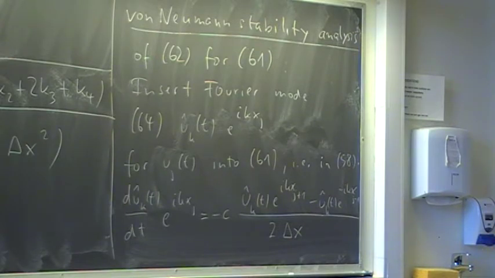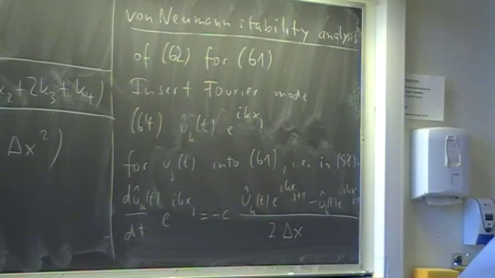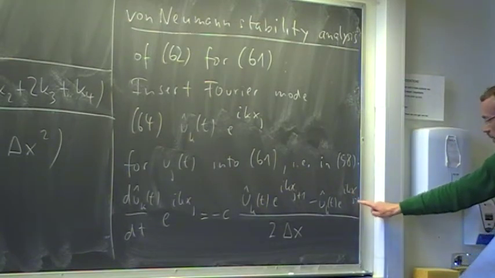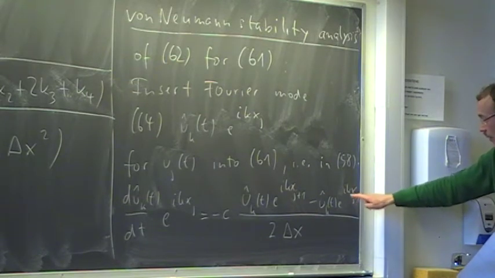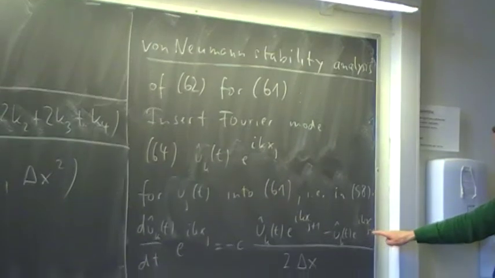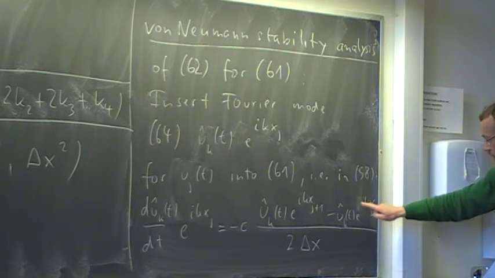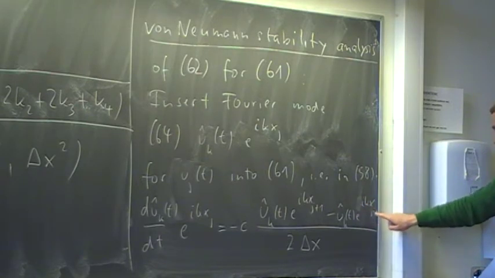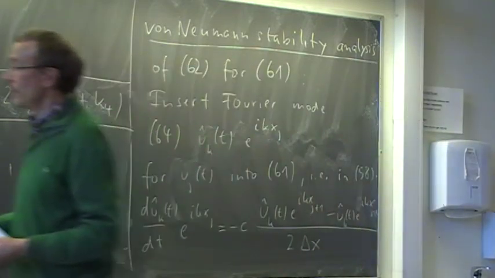There should not be a minus here. So the minus was wrong. It's just I k x j minus 1. But when we divide by e to the I k x j, we get here e to the minus I k delta x. So please correct that. There is no minus here, but here the minus is correct. So if we do that, we get the following.